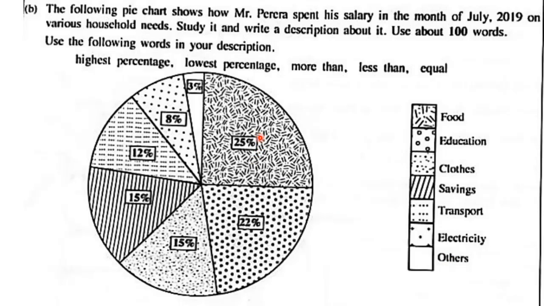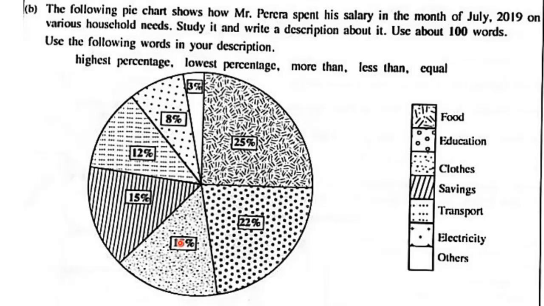Let's start here. The highest percentage of salary was spent on food, which is 25%, and the lowest percentage of his salary was spent on other minor needs, which is 3%. So I have covered these two, right?